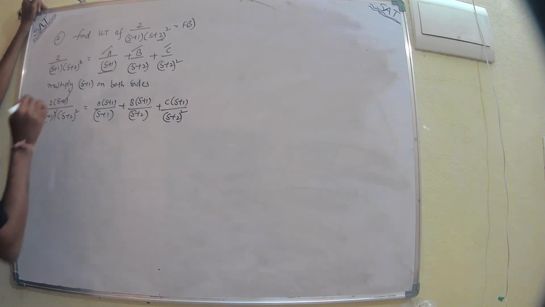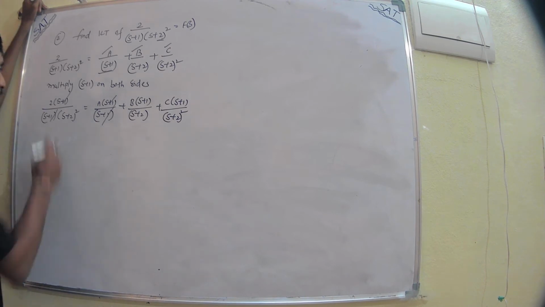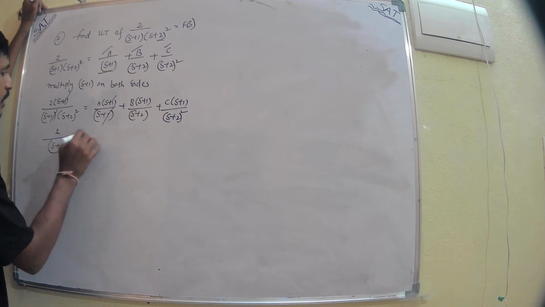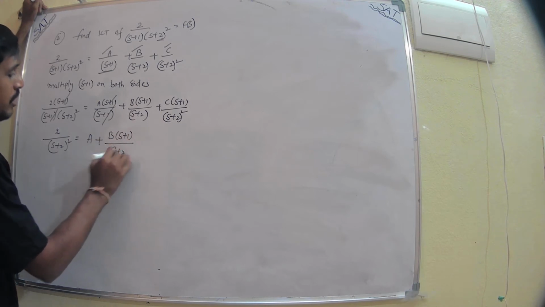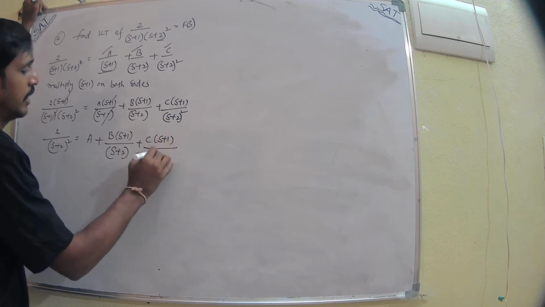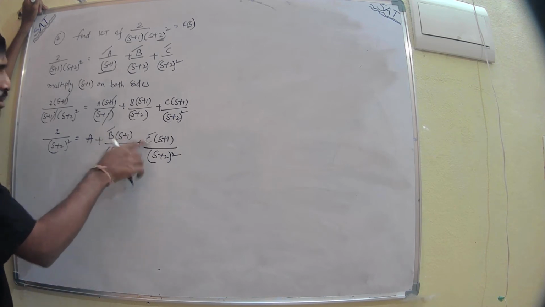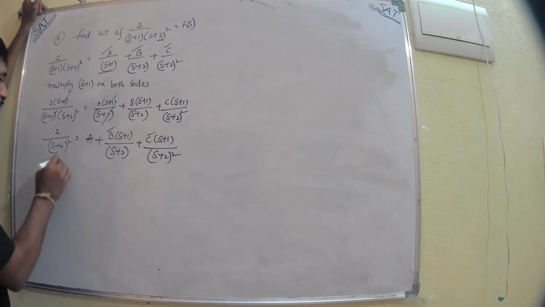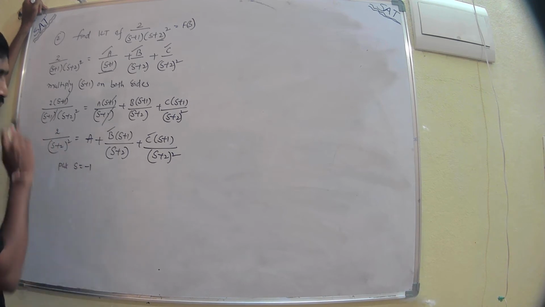So (s plus 1) gets cancelled. Now to find the A value, I can make B is 0 and C is 0 by putting s equal to minus 1, to isolate the A value.